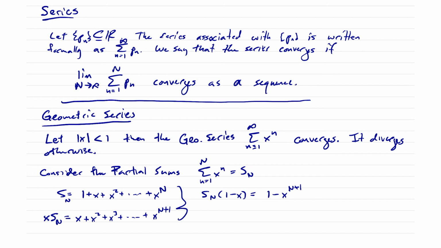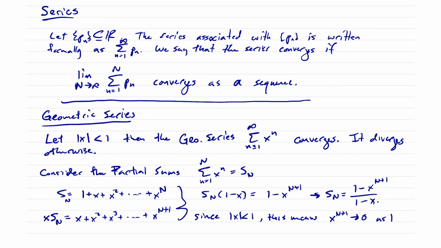Okay, so that tells me then that Sn is equal to 1 minus x to the n plus first power over 1 minus x. Now, since the absolute value of x is less than 1, this means that x to the n plus 1 converges to 0 as n goes to infinity.